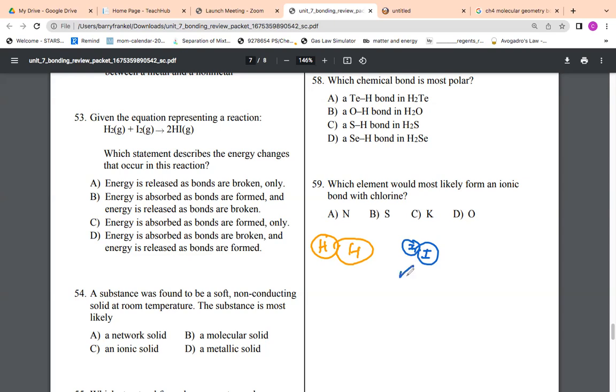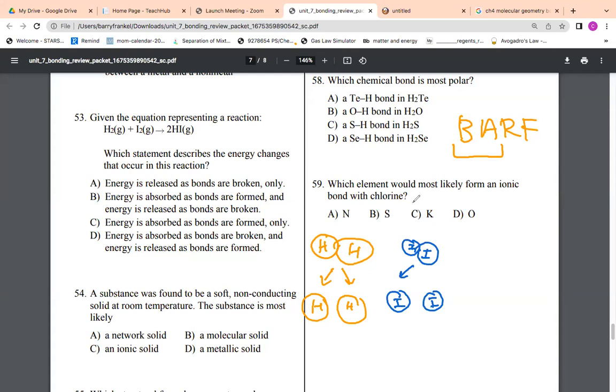So this has to break apart into just I and just I. So then now they're separate. And this has to break apart into H and H, two separate things. So in order to break apart stuff, broken means you're absorbing. So you have to first absorb energy to break bonds.